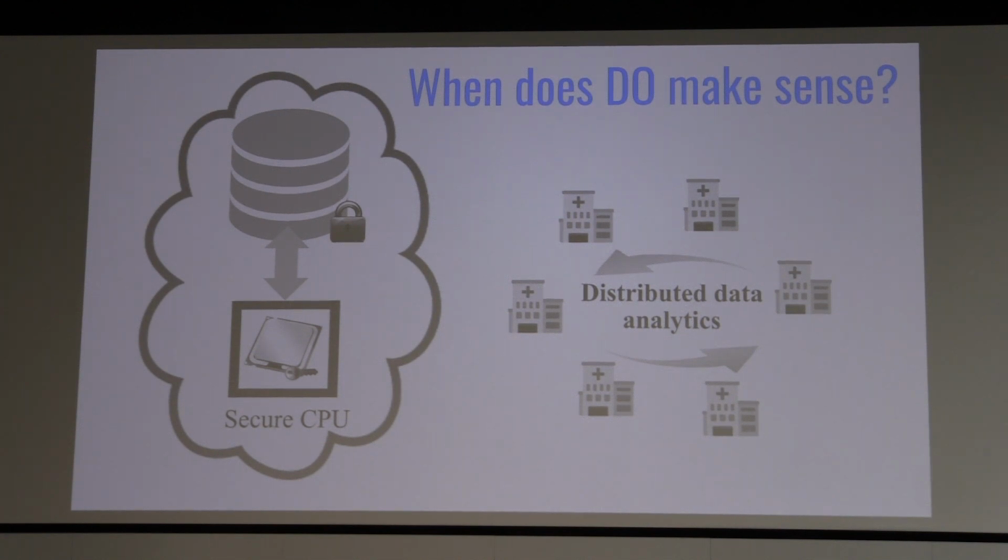So if your intention is to reveal differentially private useful statistics to the public anyway, then no matter which approach, whether you're outsourcing it to a cloud or doing it in a distributed fashion, you may be able to say that any statistic that is differentially private is OK to release. So in these scenarios, it makes sense.